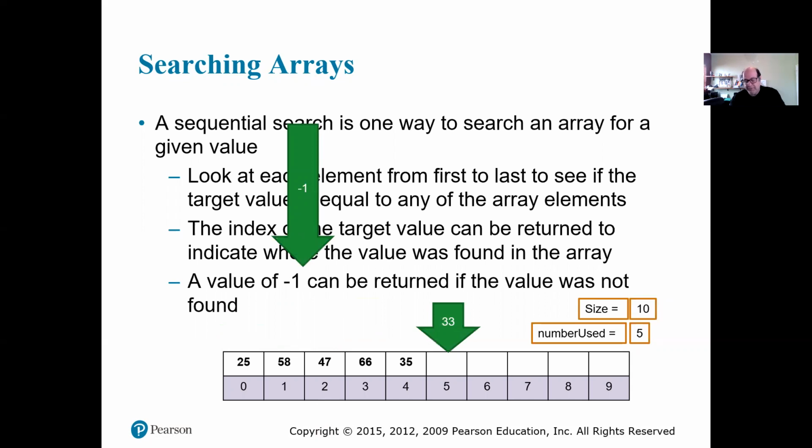So if I'm writing a function for search, either I'm going to return the index, which is going to be 0 through 4 in this case, generally 0 to size -1, or -1 means I didn't find it. So that's my search function.